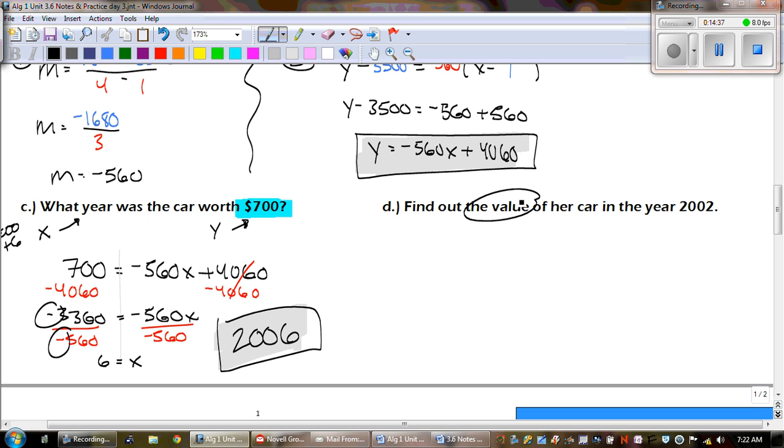So the value, that's going to be our y in the year 2002. So that's 2002, that means that x would equal 2. Okay? So you're plugging in 2 to our equation.